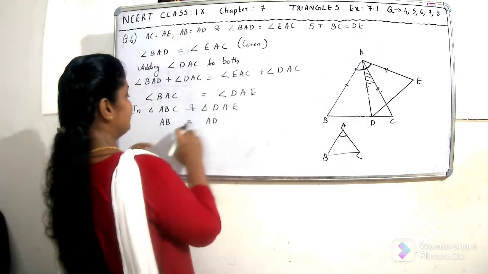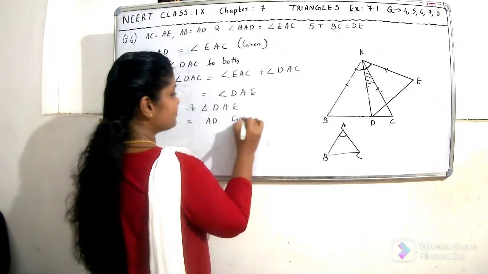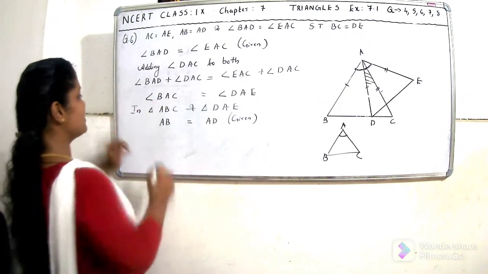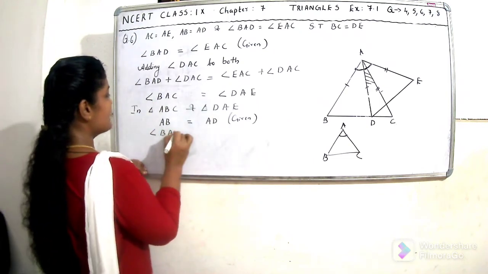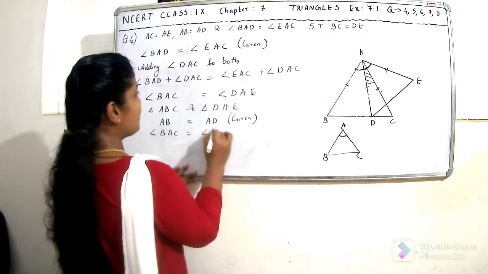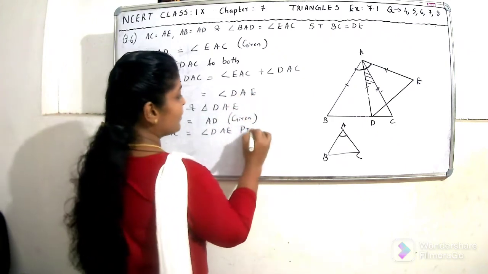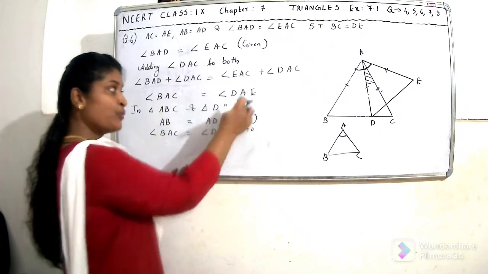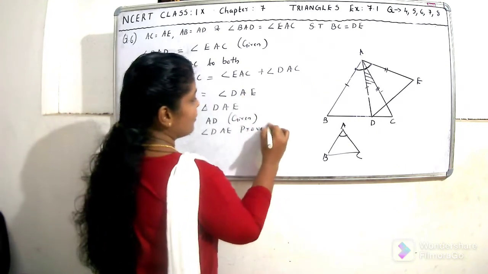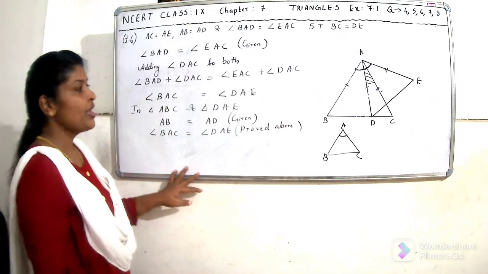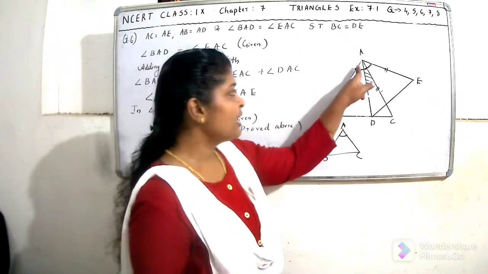This is given. Then we can take this angle: angle BAC is equal to angle DAE, proved above. Here we proved that; it is not given. So side we have taken, angle we have taken.